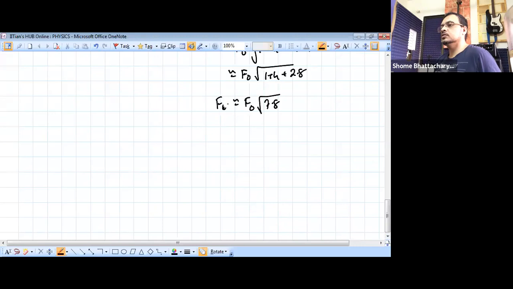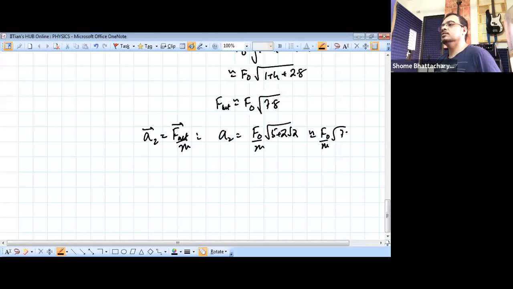net force. So your acceleration, let's say a2, will become the net force this time upon the mass. So its magnitude will be f0 into root 5 plus 2 root 2 divided by m, which you can write approximately as f0 by m, root 7.8. Okay. So further, if you do an approximate calculation of this, it will come out to be according to how the answer is.